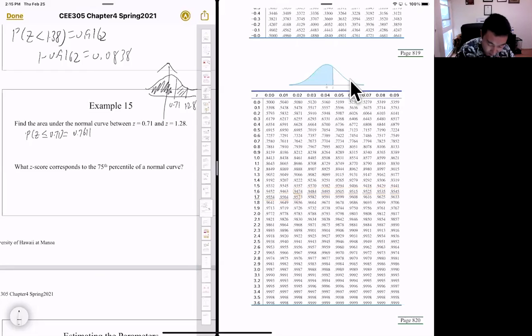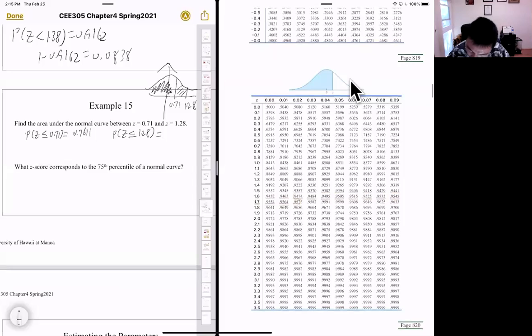Then we find P(Z less than 1.28). 1.2 is here, 1.28 is here, which gives 0.8997. That is this area to the left-hand tail of 1.28.